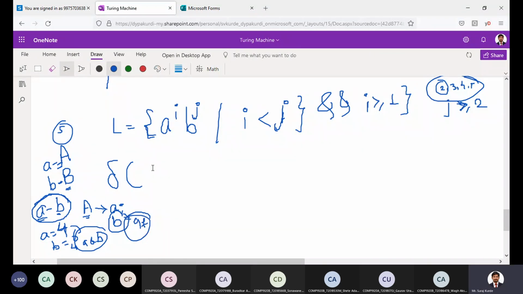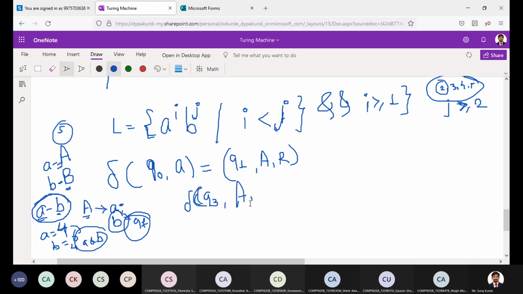So only change delta. Let's say Q0 is there. Initially it is a, then replace a with capital A, go to the right and change the state. So this will continue up to Q3. When Q3 reads capital A, go to the right, change the state.